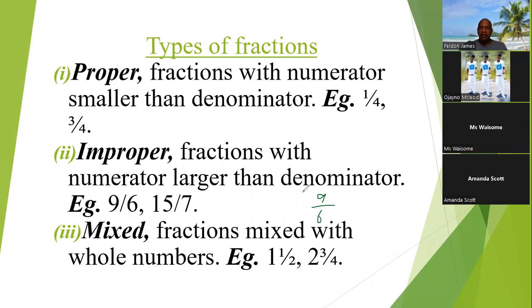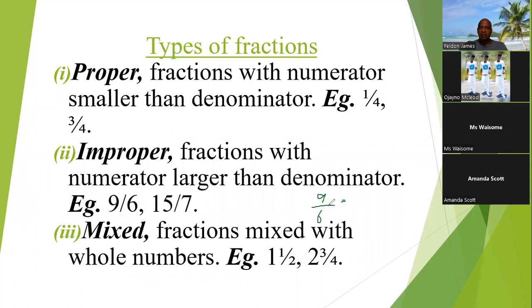But if you have 9/6, it doesn't mean that the 9 is taken out of one whole pizza. It has to be taken from 2 pizzas. So you have 6/6 coming from one pizza, and if you get another pizza and you take out 3 more slices, now you have a total of 9 slices. So even though we have 9/6, it doesn't mean that the 9 is coming out of one pizza. It means that you're taking from more than one pizza.